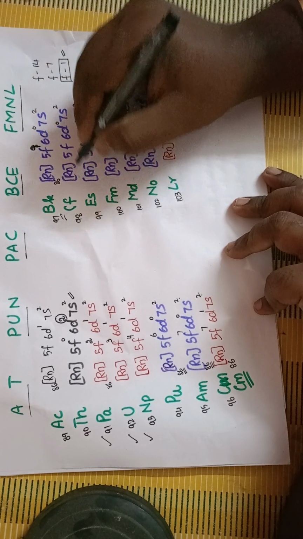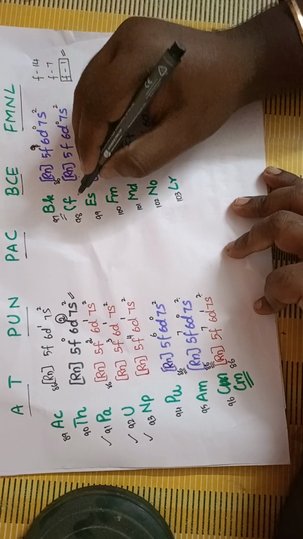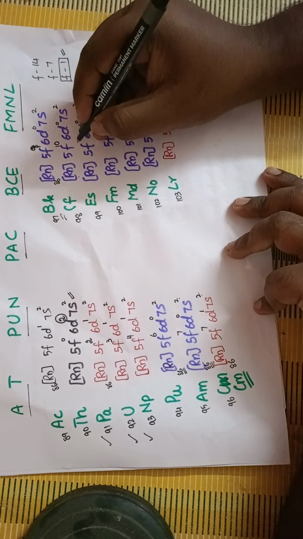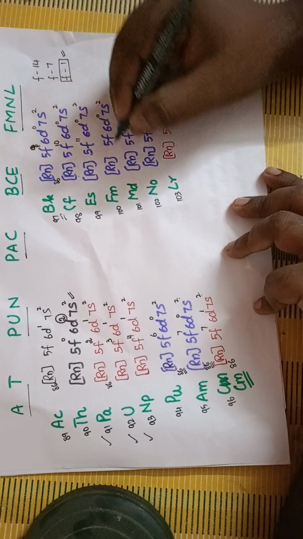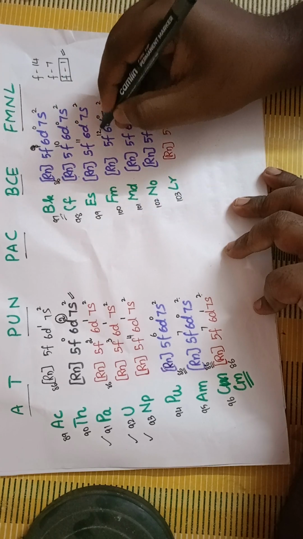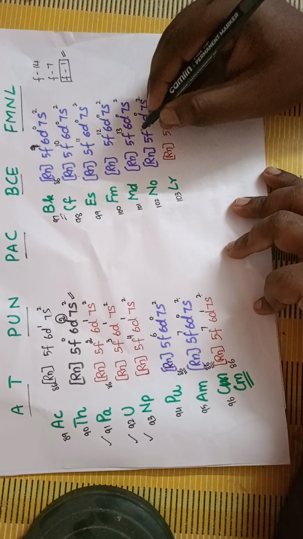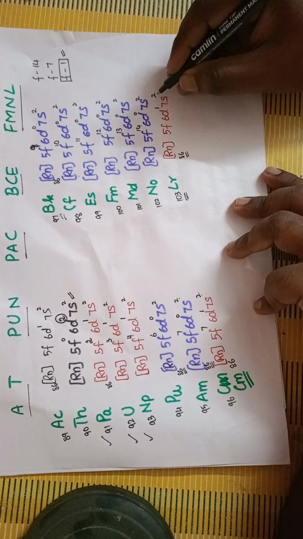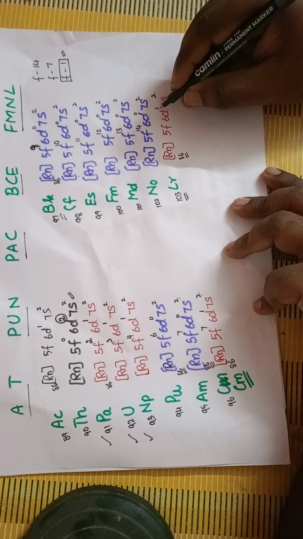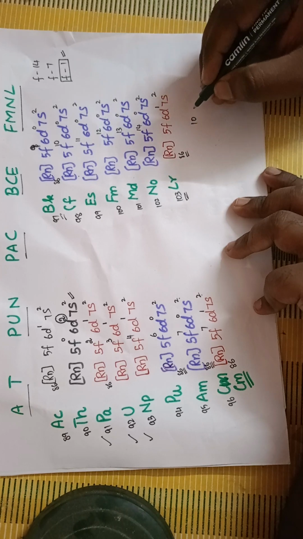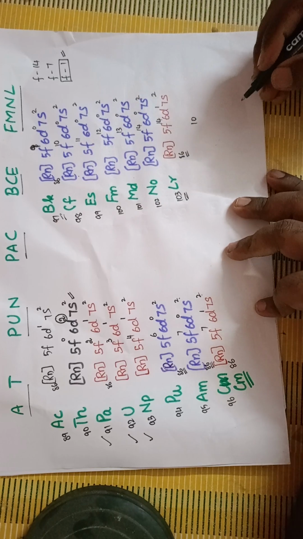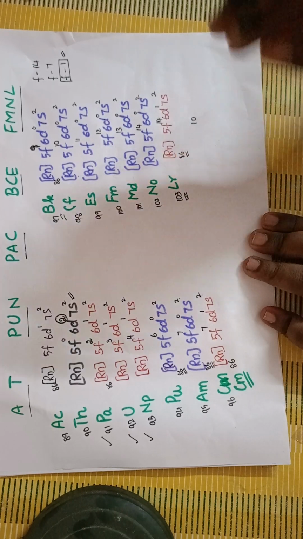Here 86, 88, 98 minus 88, 10, 11, 12, 13, 14. Here 103: 86 plus 2, 88, 89, 103 minus 89, 14. So this is the electronic configuration for the 5f series.